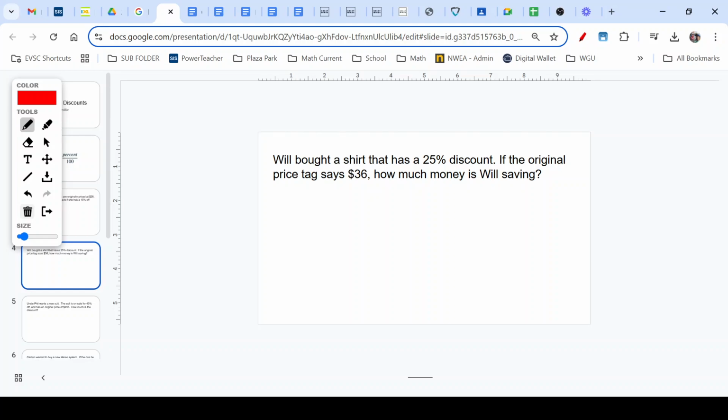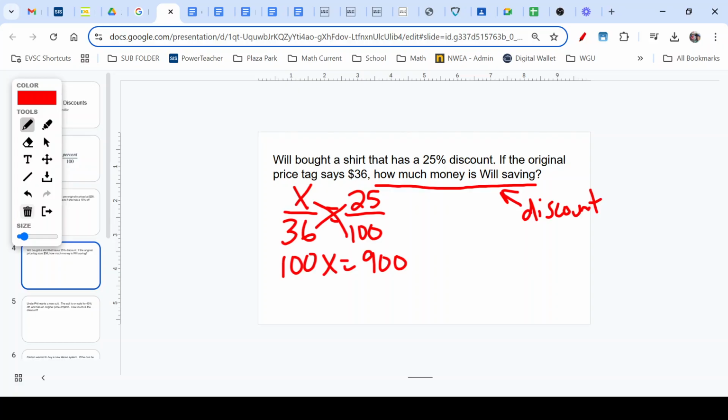So we're going to do our cross multiplication next. X times 100, 100x. 36 times 25, 900. Divide by our coefficient, x equals 9, or if you wanted to say 9.00, because Will saves $9.